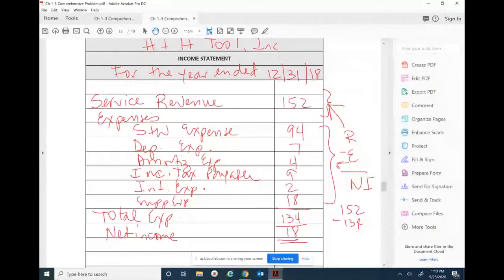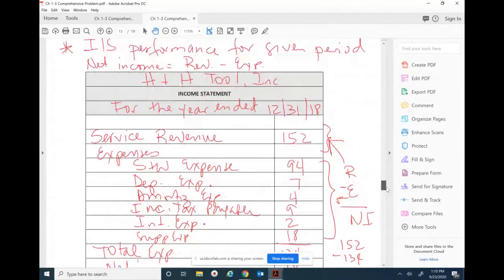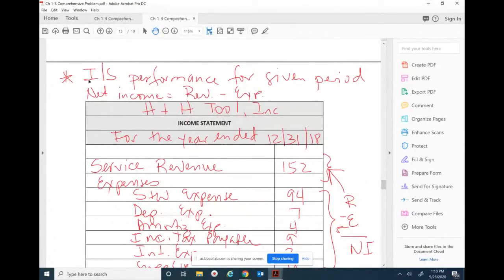So before we move on to the next financial statement, which happens to be the statement of retained earnings, again, let me make sure this is solidified. The income statement, look at the note that I made up here. The income statement shows performance for the given period, and the way we measure that performance is net income equals revenues minus expenses. So if expenses are higher than revenues, the company is operating in a losing position.